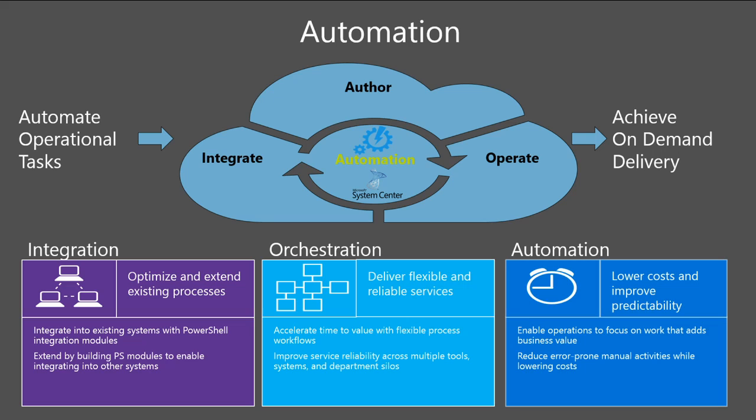When you orchestrate your processes, you actually bring reliability to your processes. You say, this happens now, if this happens, this happens. If you automate all that, you've created a workflow, you've tested it, the next time you run it, you get all that predictability built in. You don't have to be thinking about it. And finally, with automation, you lower the cost.